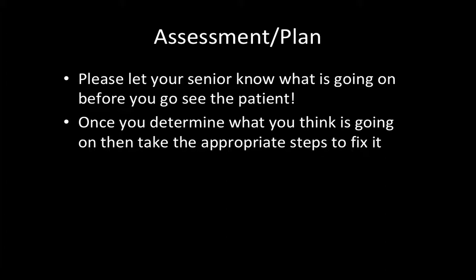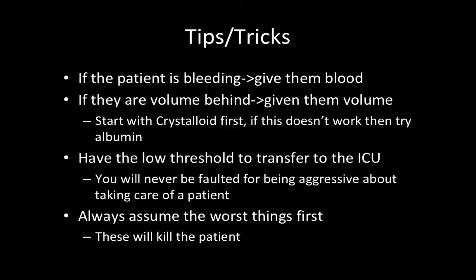I'm going to check some labs, check some imaging, and depending on what these show, patient may or may not need blood. That type of thing is very helpful in you developing good thinking skills as you become more senior throughout your time in residency.